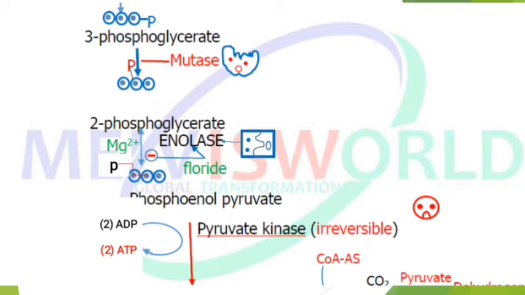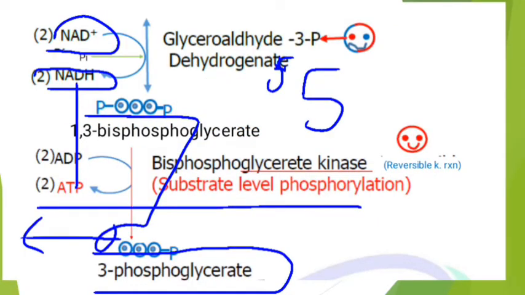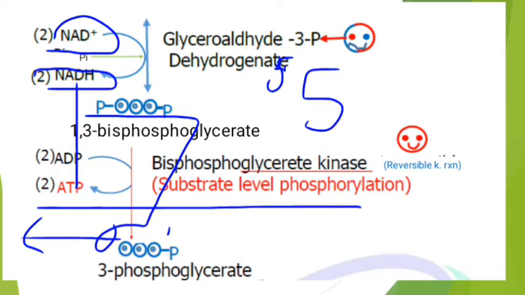We all know that mutation mostly doesn't give rise to positive things. It gives rise to alteration of the original molecule. So looking at here, it is 3-phosphoglycerate because the phosphate group is attached to position 3.